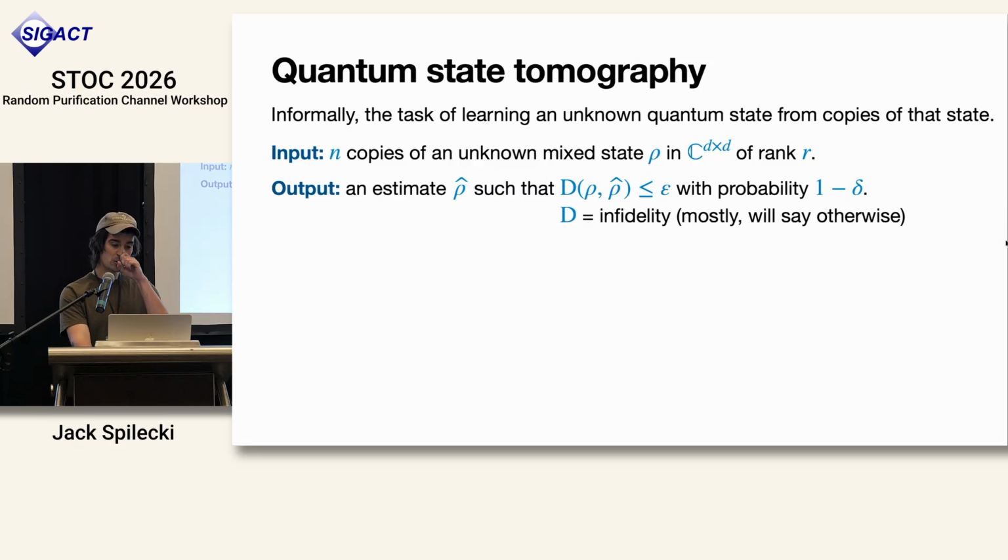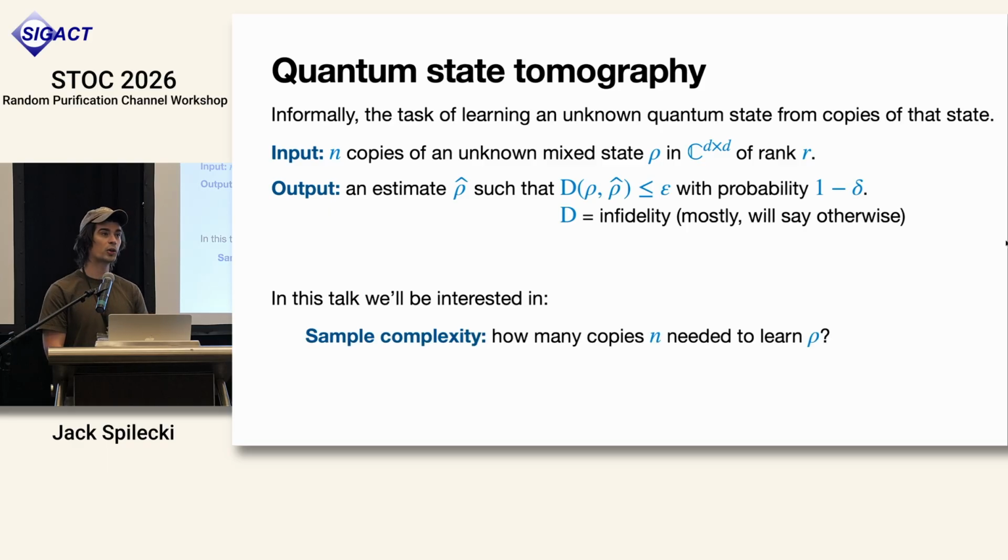Okay, let me also say some things we care about in particular. What we're primarily interested in is the sample complexity of our algorithms. This is how many samples an algorithm needs to use in order to successfully learn a good estimate for rho.